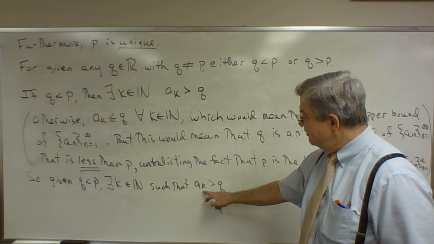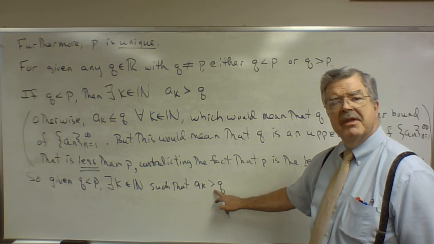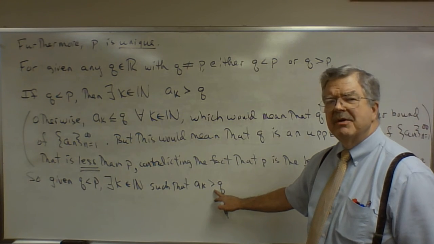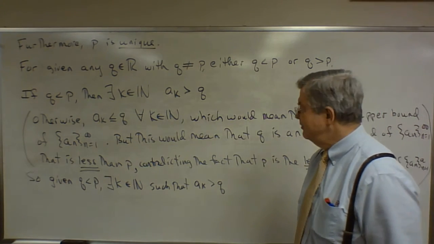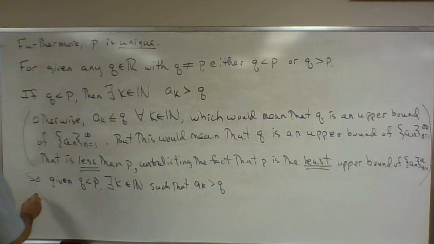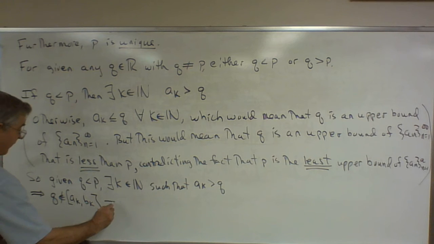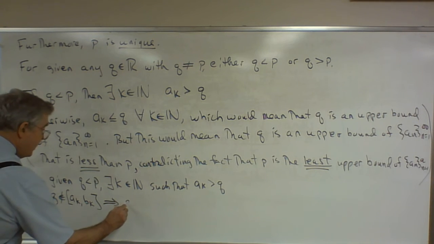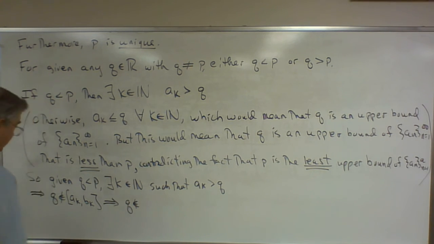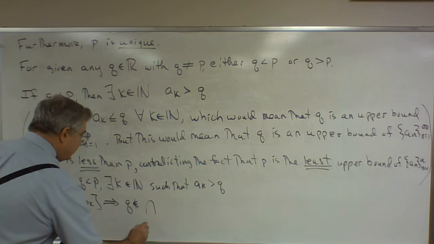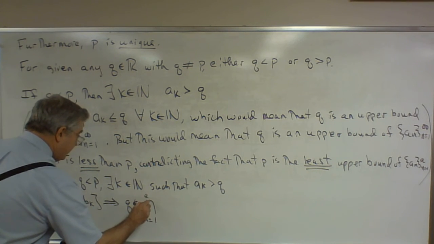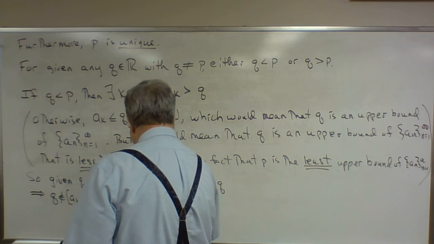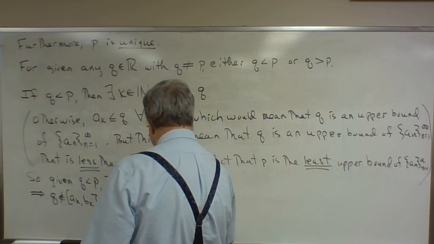If A sub k is greater than Q, then Q is not going to be in the interval A sub k, B sub k. And that in turn implies that Q is not in the intersection of all of these intervals.